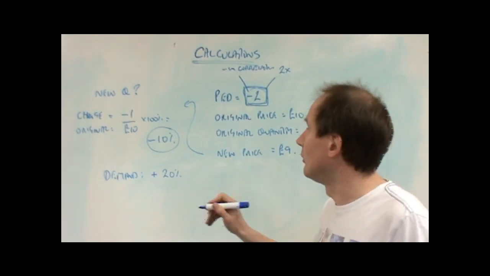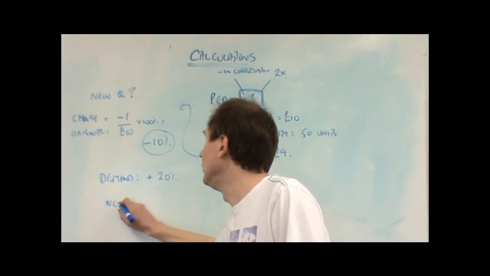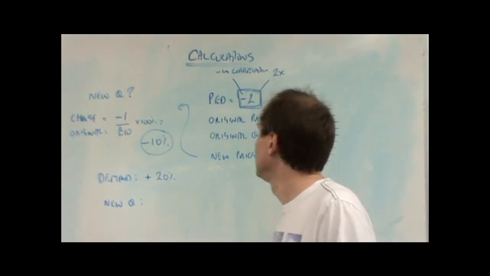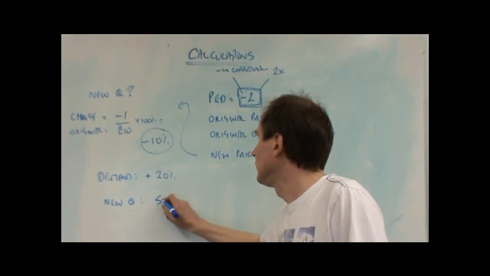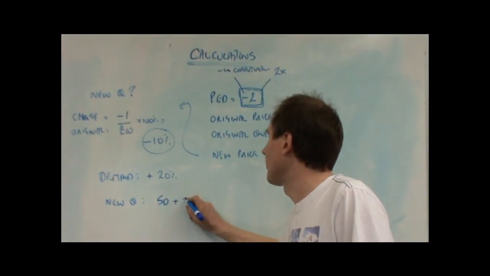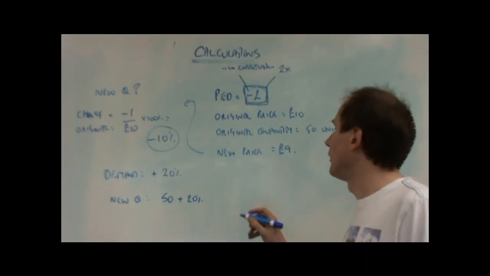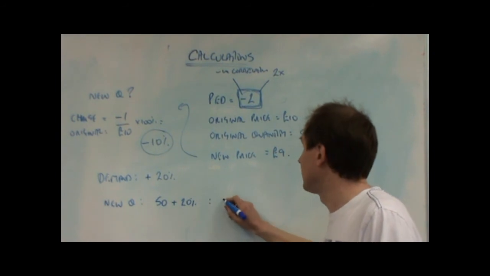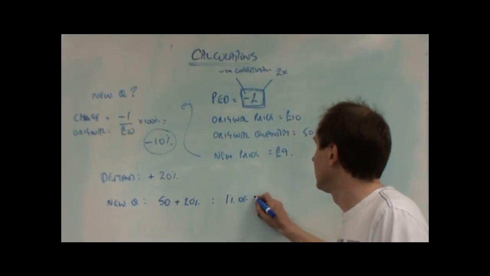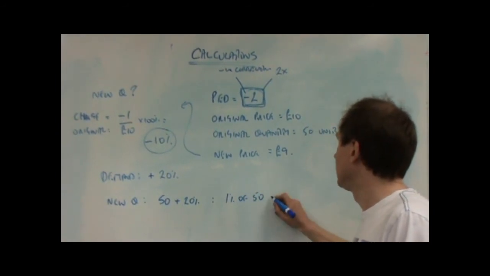So finally all we've got to do is find the new quantity demanded. It was 50, and what we've got to do is add on 20%. To do that, we say, well, what's 1% of 50?